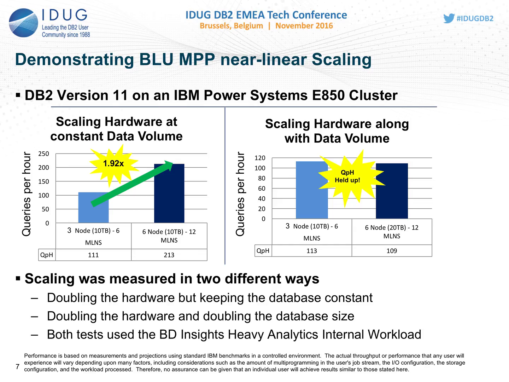So double the data volume, double the hardware, and we found that performance is approximately the same, which again is an indication for near linear scalability. So this was really important also for us internally to understand and to verify that the BLU DPF implementation works well.